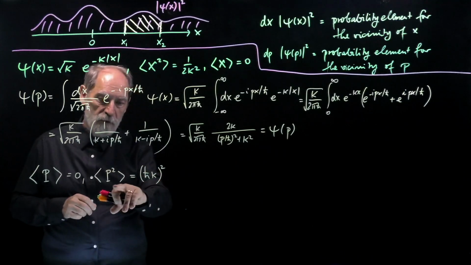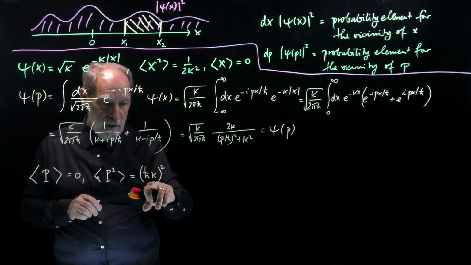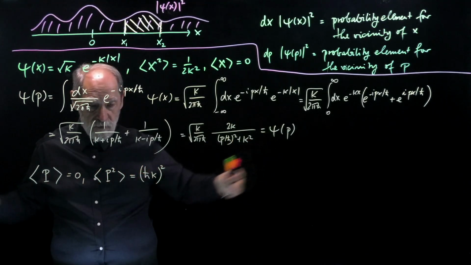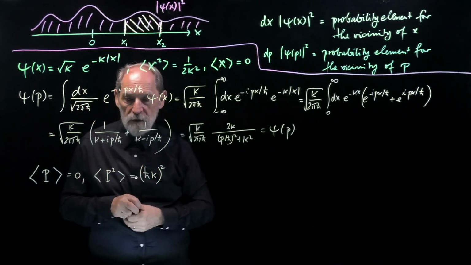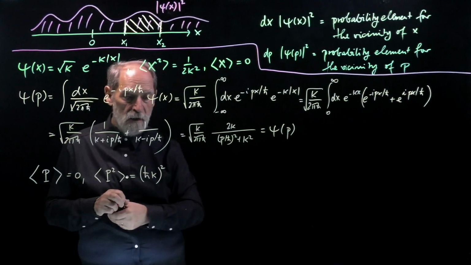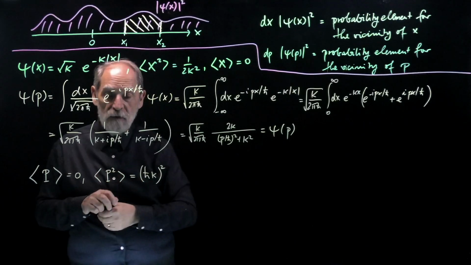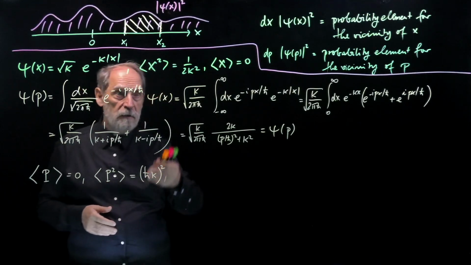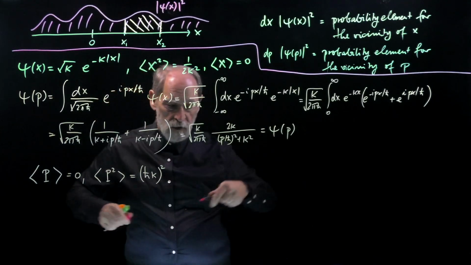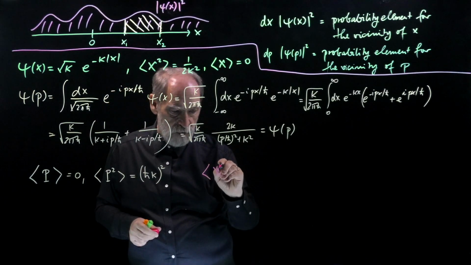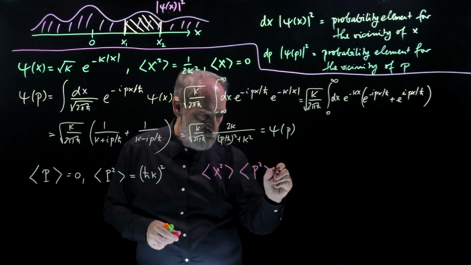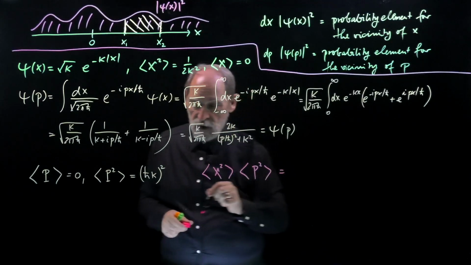However, it's the other way around for the momentum distribution. When kappa is large, then we have large values of p prominent in the distribution, and we get a large value for the expectation value of p squared. When kappa is small, the expectation value of p squared will be small. We notice here that the product of the expectation value of x squared and the expectation value of p squared does not depend on kappa.